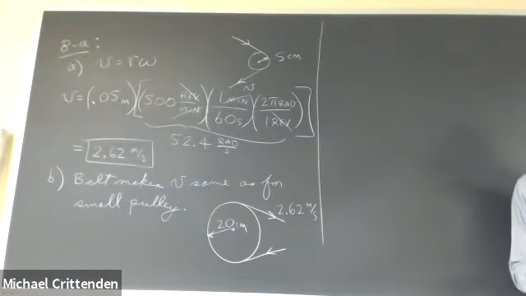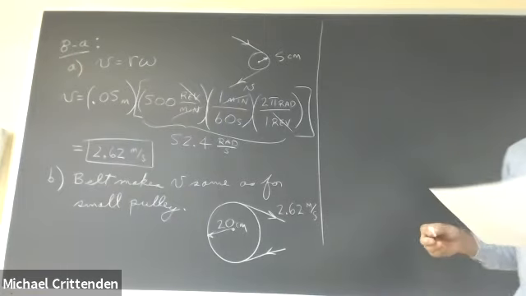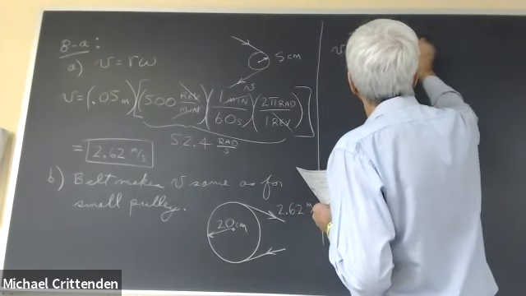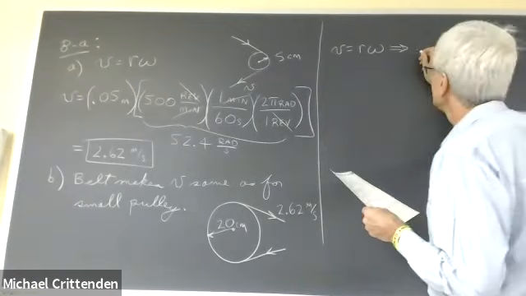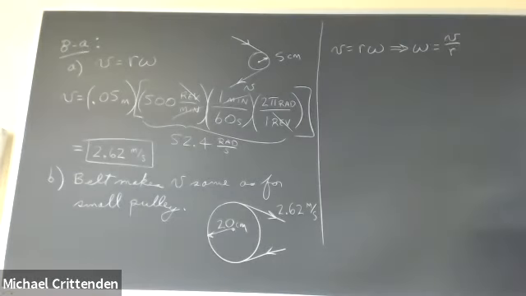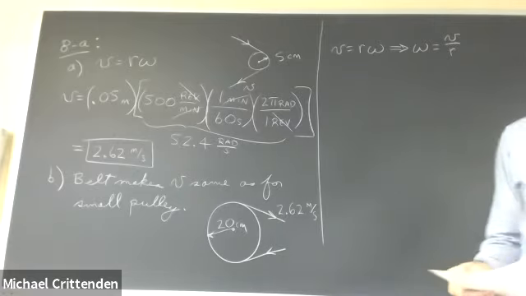We have established that the belt is moving at 2.62 meters per second. So if V is equal to R times omega, divide both sides by R, and that becomes omega equals V over R. Fill in the numbers.